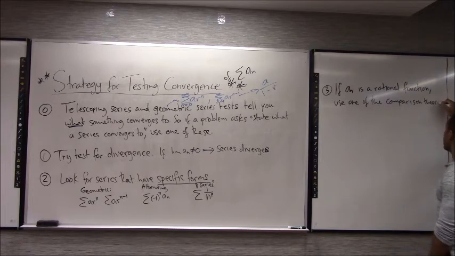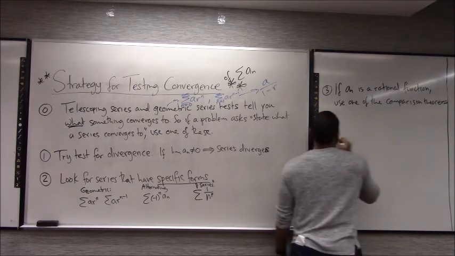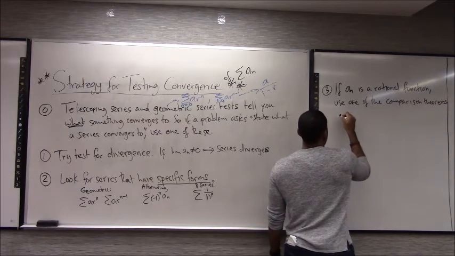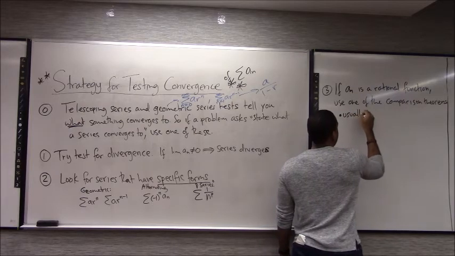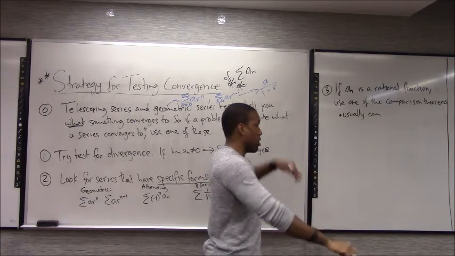The ratio and the root tests are never going to work for rational functions. Don't waste your time. Use one of the comparison theorems. Usually you compare to a p-series. Just keep the biggest powers, ignore all the lower powers.